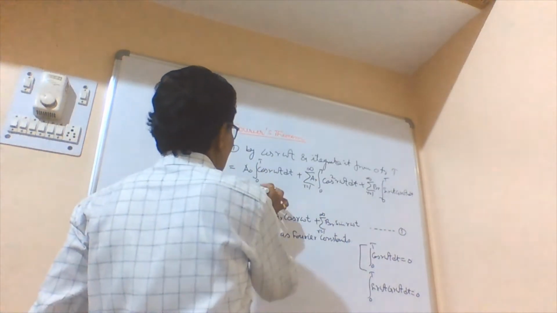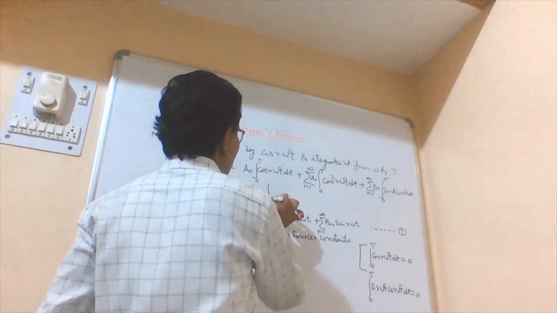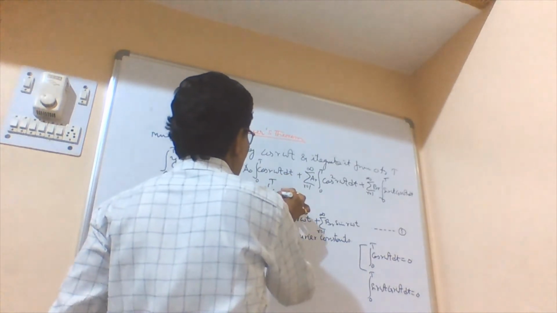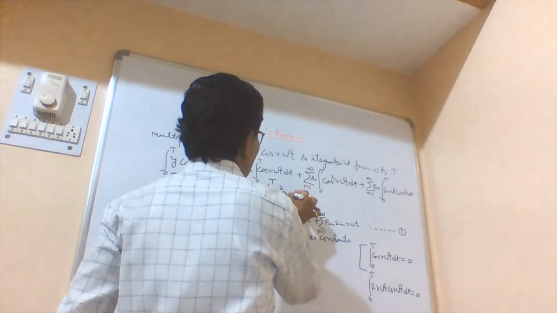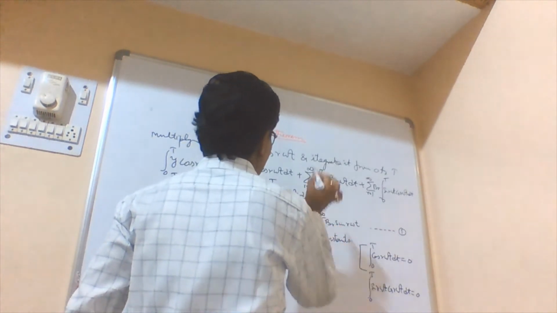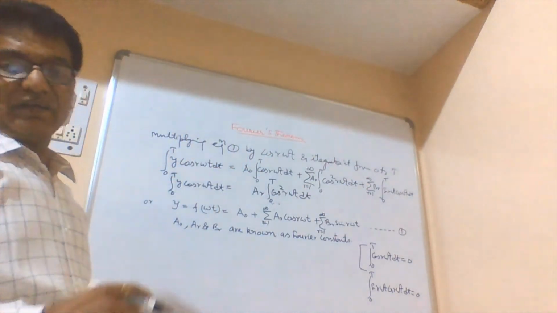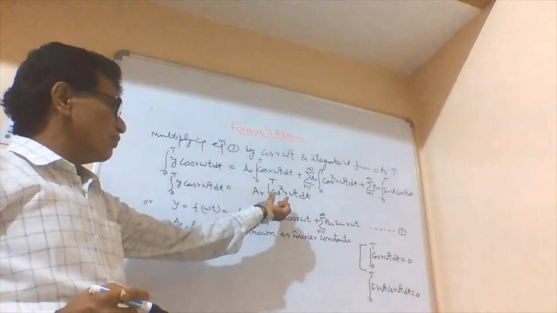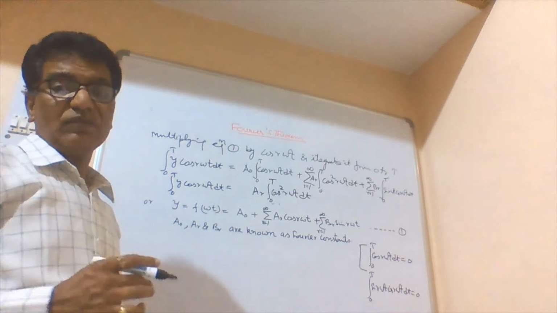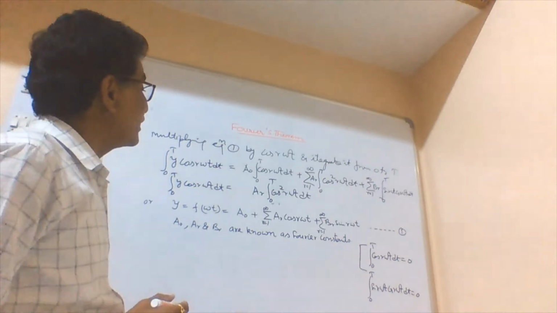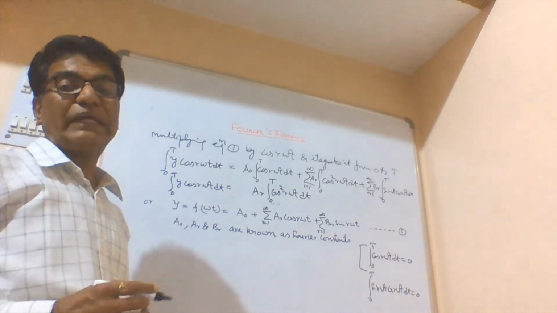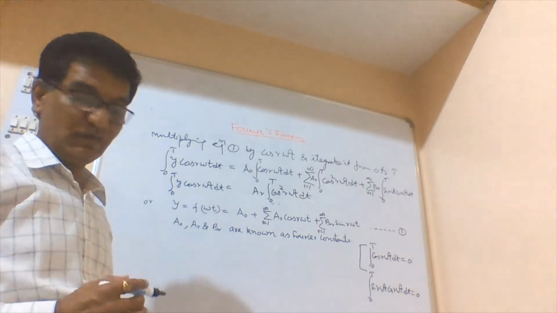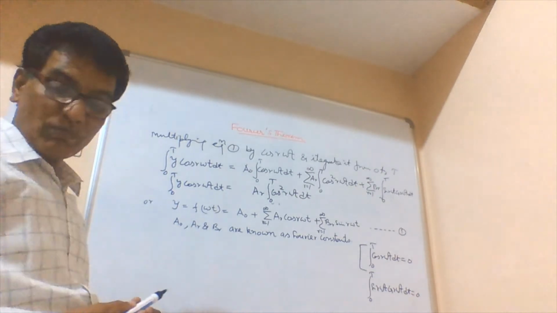We have simply ar times integral 0 to T of cos square rωt dt, all other integrals being equal to 0. So now we have to solve this integral. To solve this integral, multiply and divide by 2 and convert it into the form of cos 2θ.